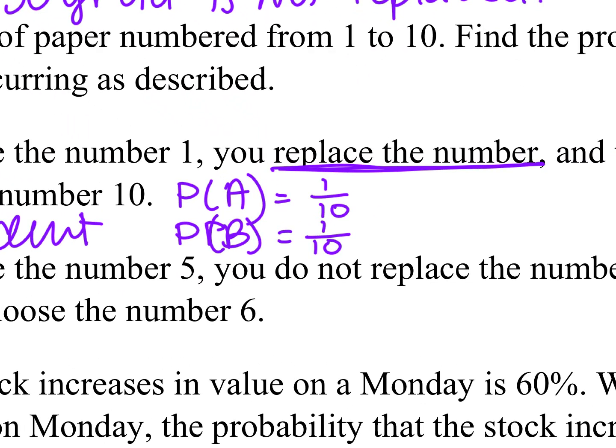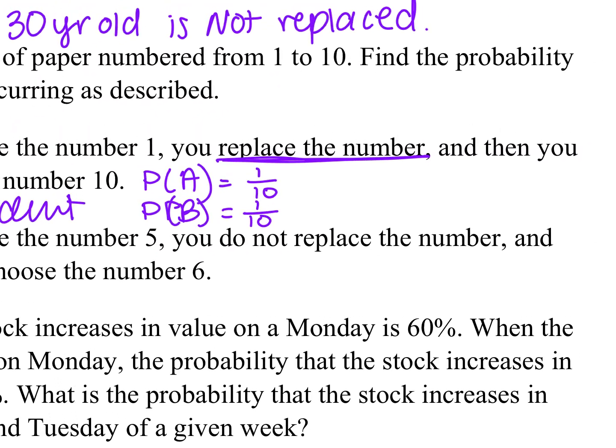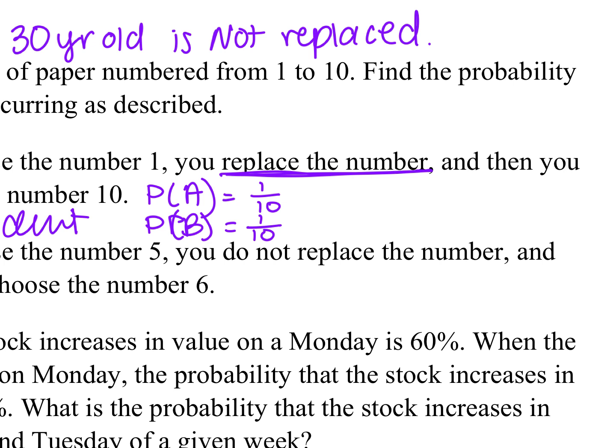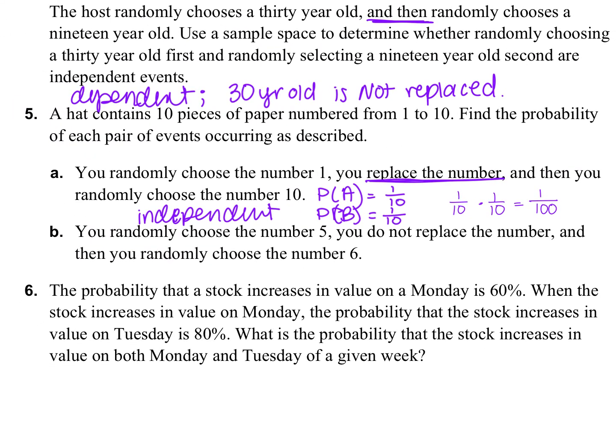So all I have to do now is just multiply them because I want the probability after everything has occurred. So I'm taking 1/10 times 1/10, multiplying across. That's going to give me 1 out of 100. Okay, 1 over 100 is my probability. Keep in mind, again, you could change it to a decimal or a percent.